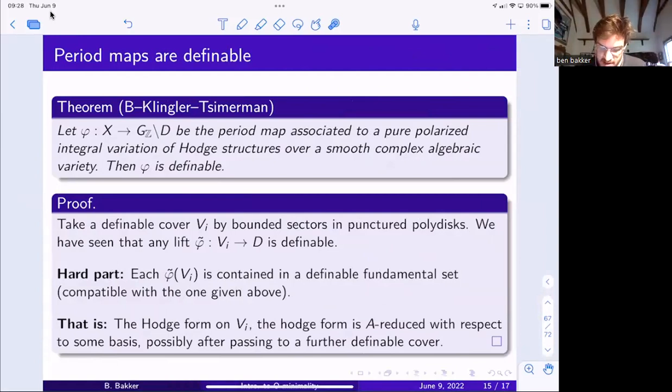So basically, this missing piece is equivalent to showing that on these VIs, you can find some basis and some constant A such that the Hodge form is A reduced with respect to this basis, possibly after further breaking up the VIs into a further definable cover. Okay, so that's the missing piece that needs to be argued in order to get this theorem.